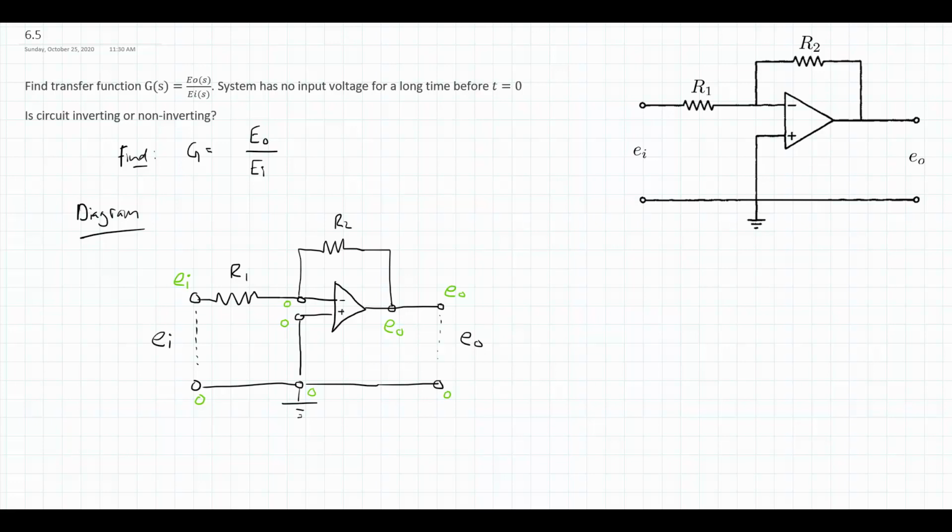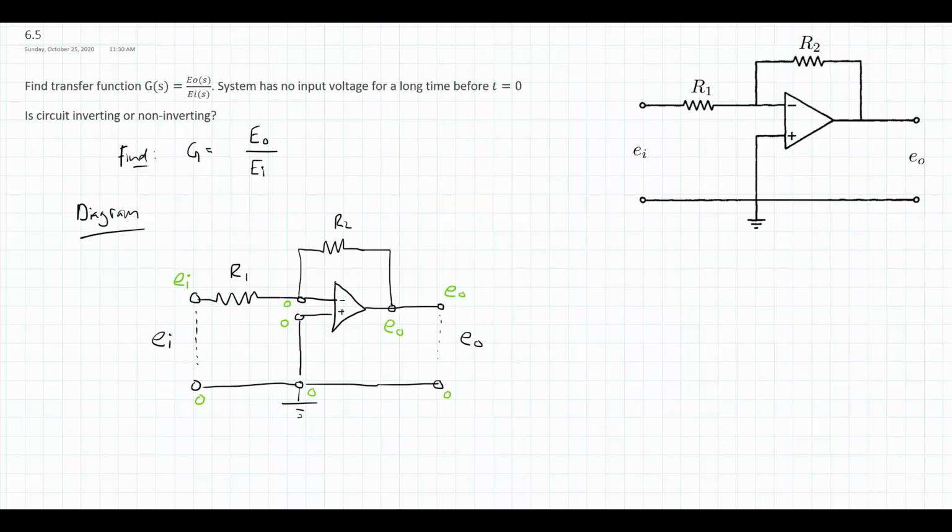So now every node I was able to label in this example with just a 0 because it was connected to the ground or because of the ideal op amp, or Ei or Eo because I know the voltage drop between the Ei and the Eo goes to 0. Actually, I was able to label everything, so now I can move on and look at currents.